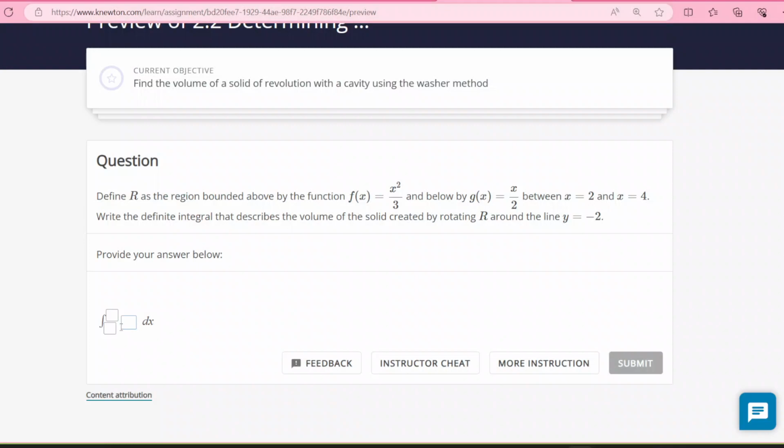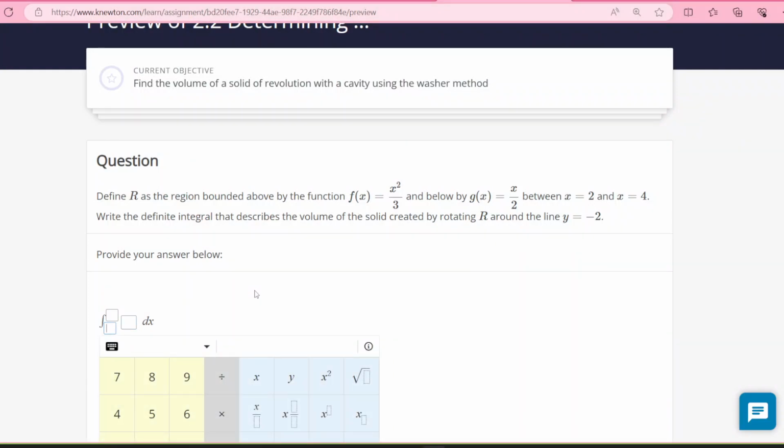So back on the assignment, the lower limit we said was 2, and the upper limit is 4.